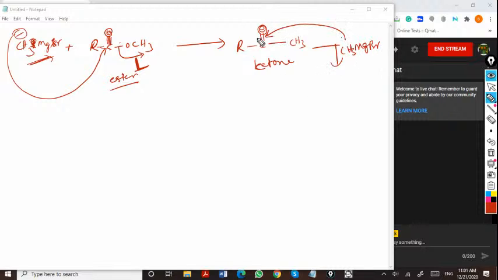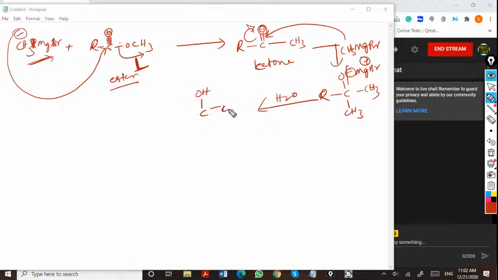Again it is going to attack and it becomes RO minus, CH3, CH3. This will be stabilized with MgBr. This needs water workup so that it will protonate the anion, resulting in OH, CH3, CH3.